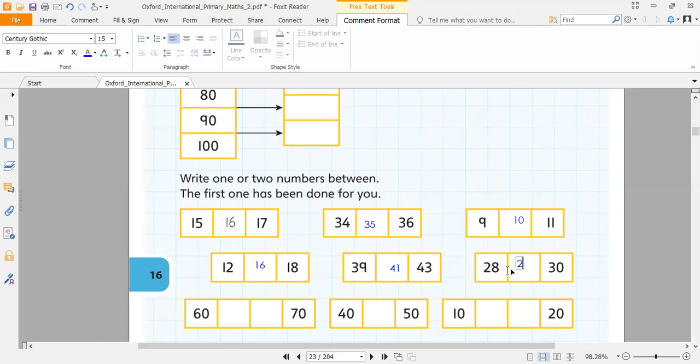The number between 28 and 30 is 29, and here is 62 and 66. Between 40 and 50 is 45.